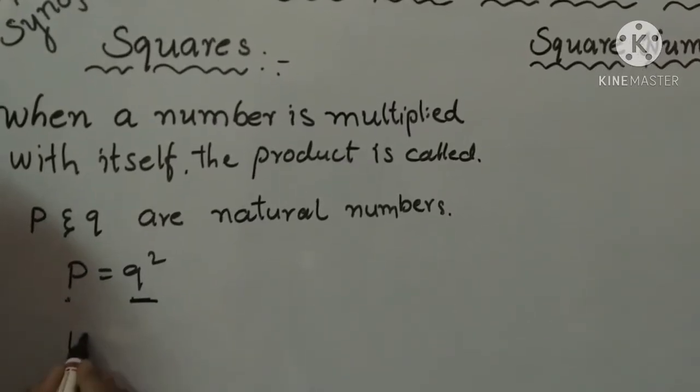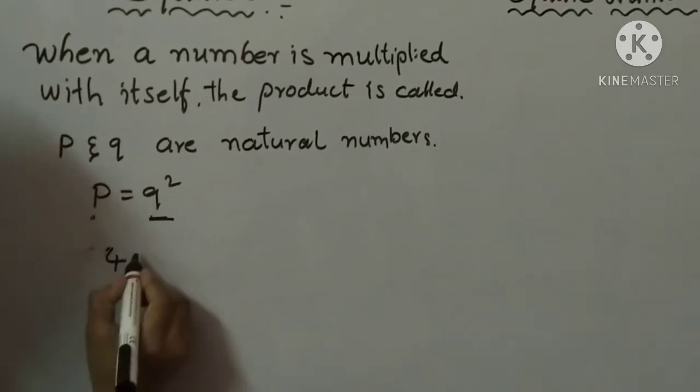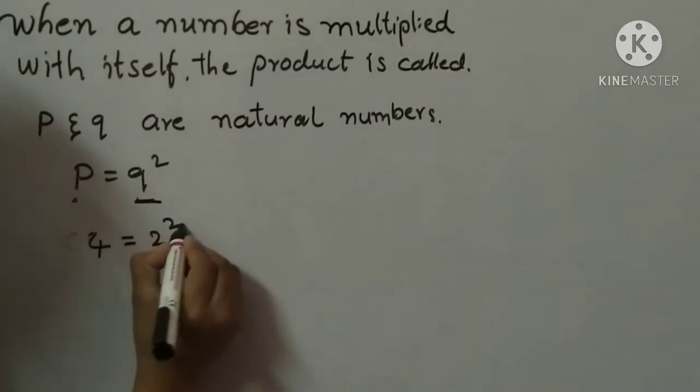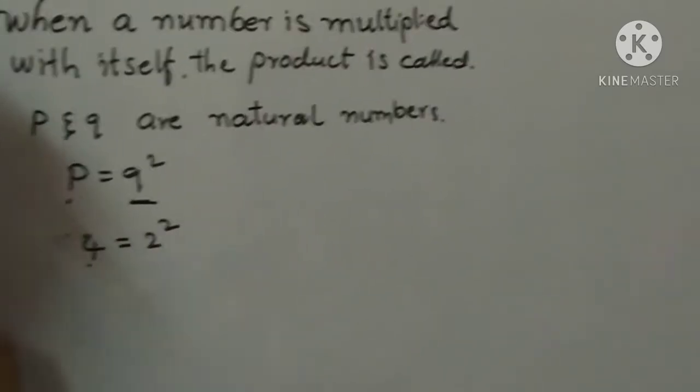For example, take 4. 4 is a square number, it is 2 square. 4 is a natural number, 2 is also a natural number.